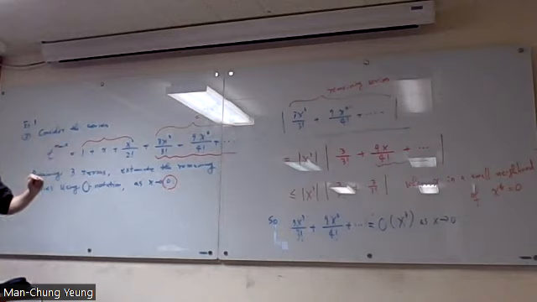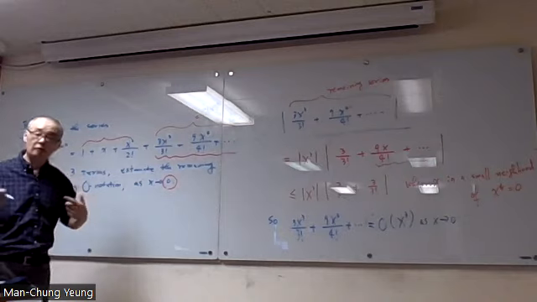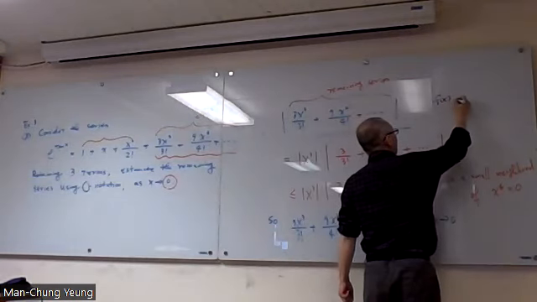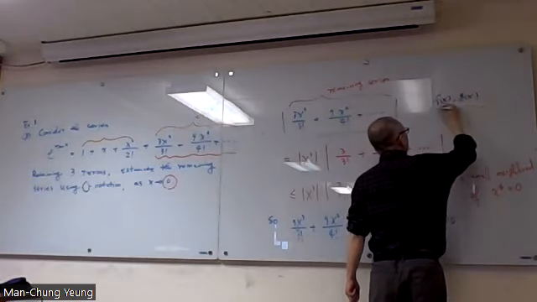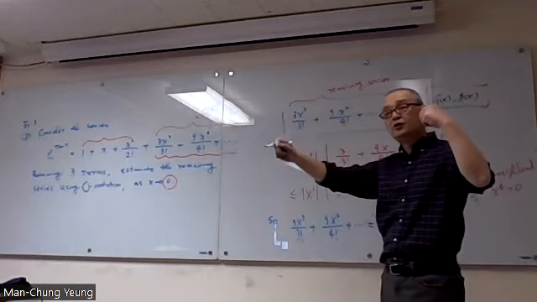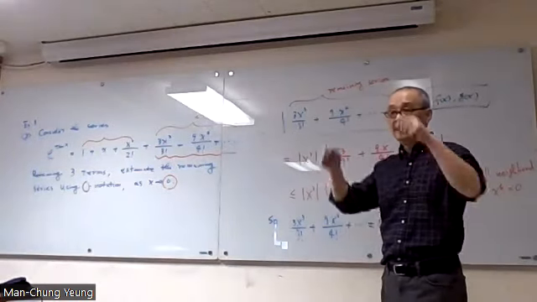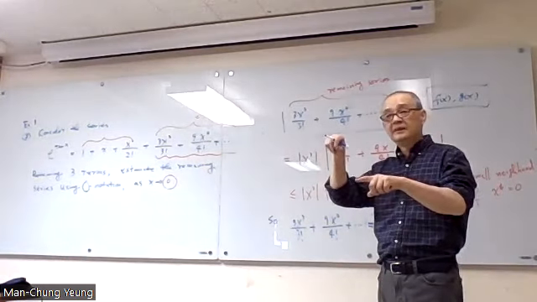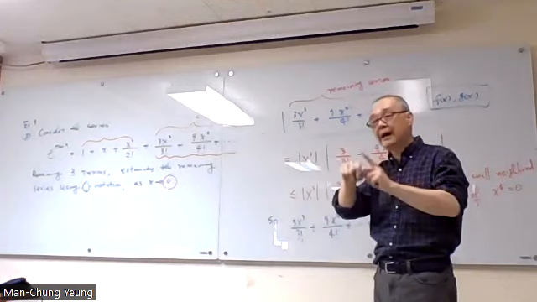The definition is about general functions f and g, compared in the neighborhood of some specific point x star.